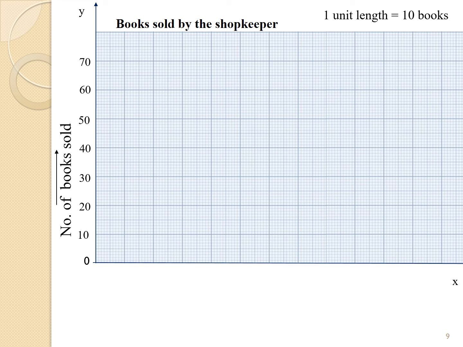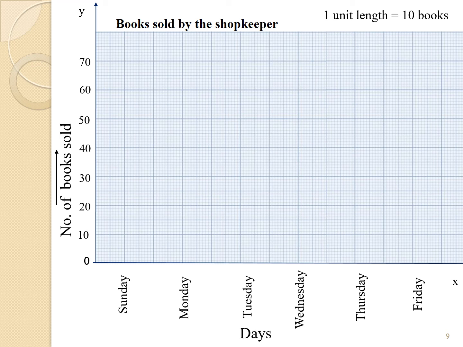Then, write down the days along the horizontal line like Sunday, Monday, Tuesday, Wednesday, Thursday and Friday. Now, on the horizontal line, draw the vertical bars of equal width for each item.